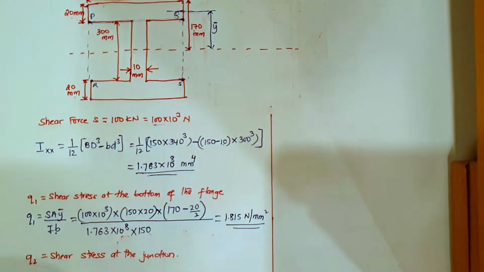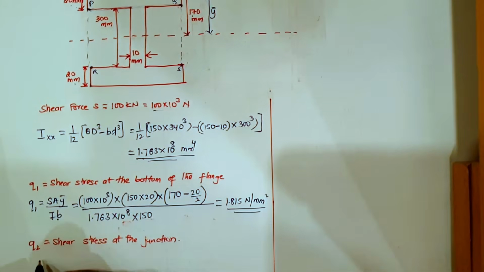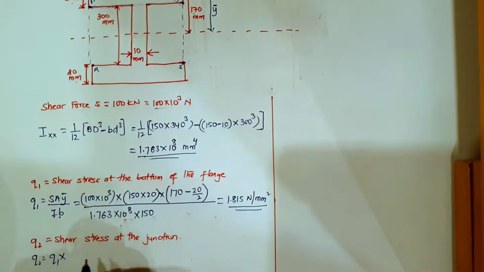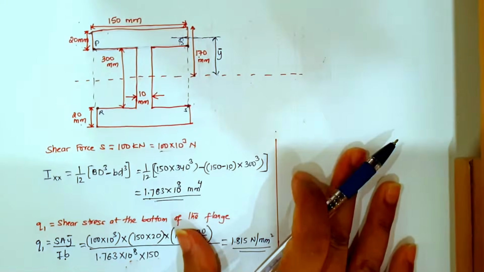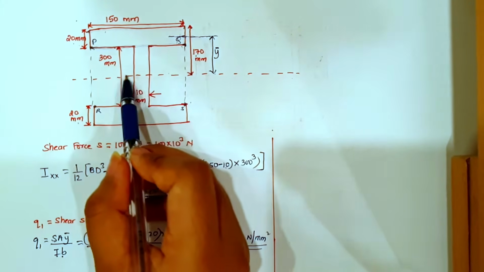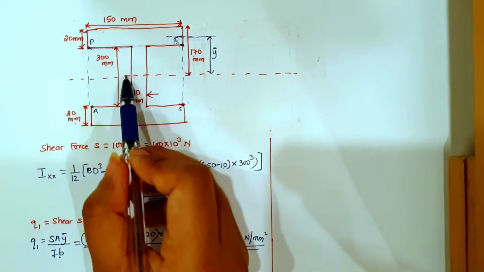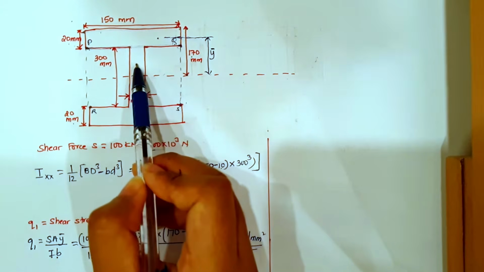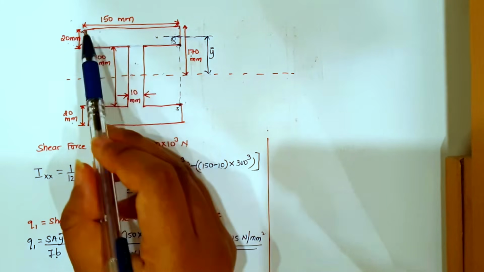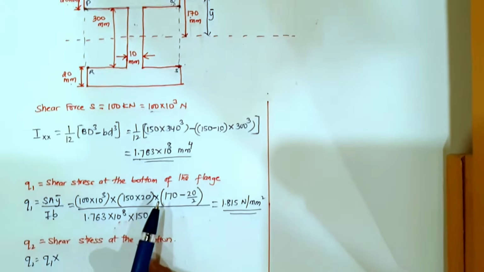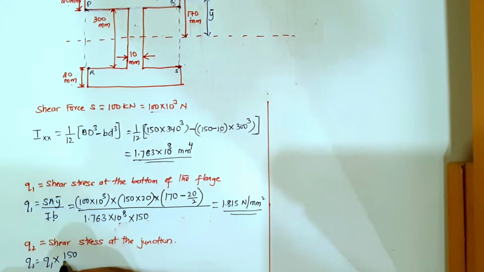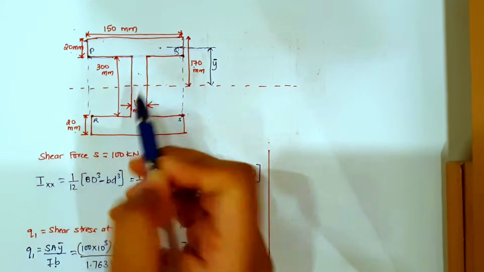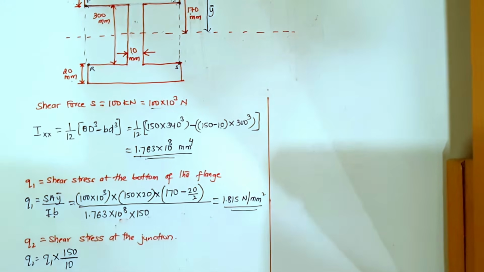Okay, so Q2 will be equal to Q1 into... now I'm taking this junction portion. The total width here, at the junction between this flange and web, is the web's width. Total width of the web is 150 divided by what is the width of this web, it is 10, so divided by 10.